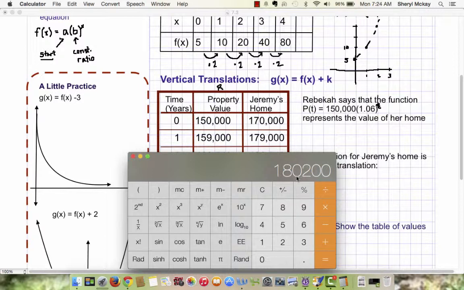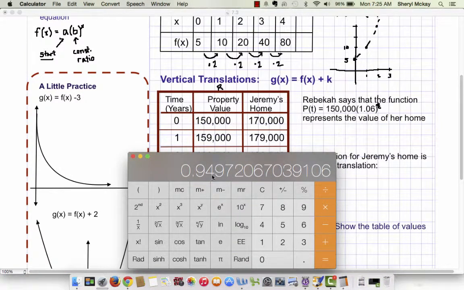Well, what could that be? Let's see. Now I could do some work and I could take my 170,000 and divide it by 179,000 to see if I could get my percentage. It looks like my percentage is 94% or 95%.